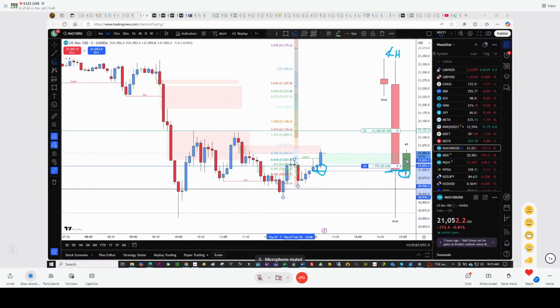Now I'm looking for this 4-hour candle to continue pushing up. Essentially this 1, 2 is here, and now we're looking for it to continue pushing up to take out the highs of the 4-hour candle, which are up here. So I could actually put my target way up to the top.